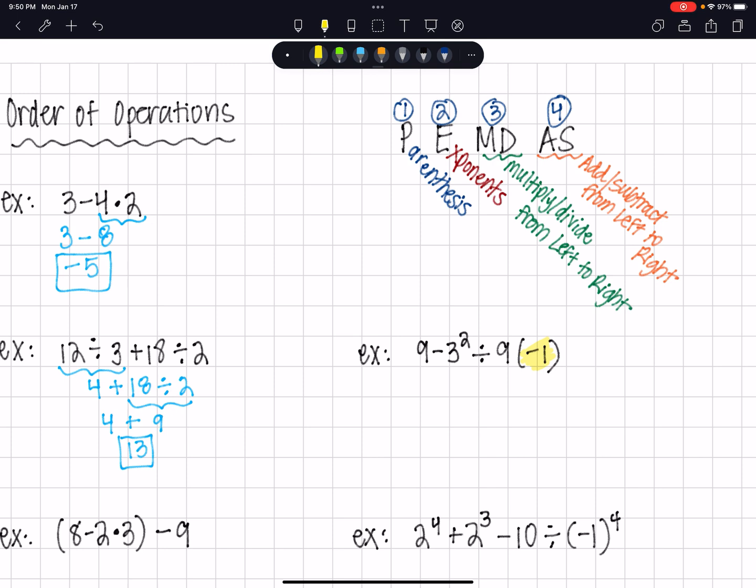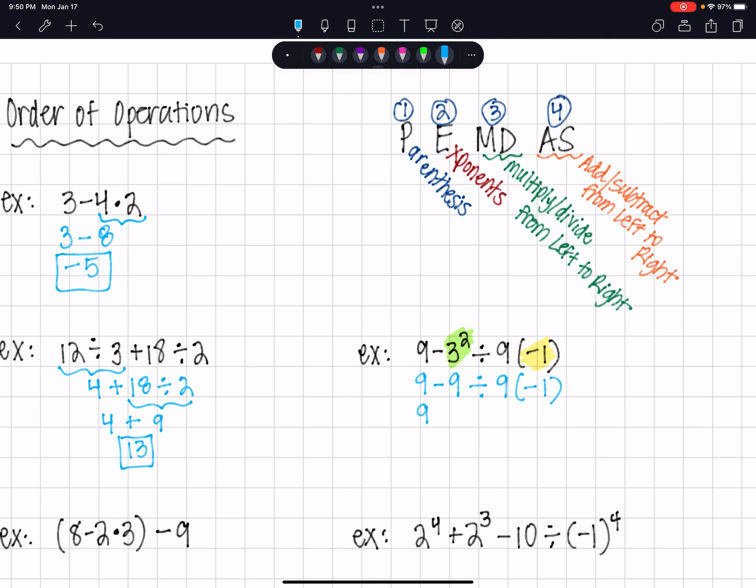And the exponent would be this right here. Now remember that that exponent is only attached to the 3. So we're going to have 9 minus 3 squared is 9, divided by 9 times negative 1. So I'm done with step 2 with my exponents, and I can move on now to multiplication, division from left to right.